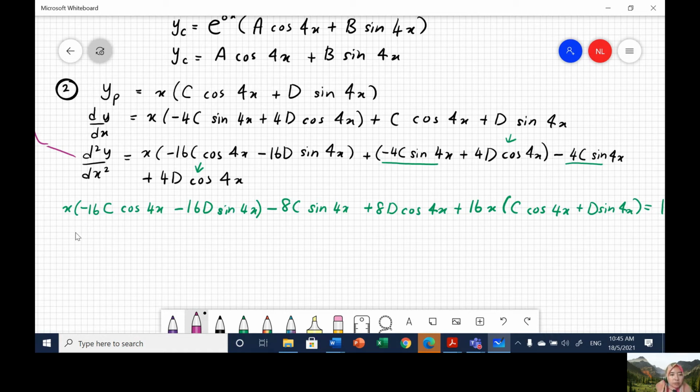So we got negative 16x, then we have c cos 4x, right? We have, open bracket another time, 16x d sine 4x. This remains the same thing, then nothing can be combined.